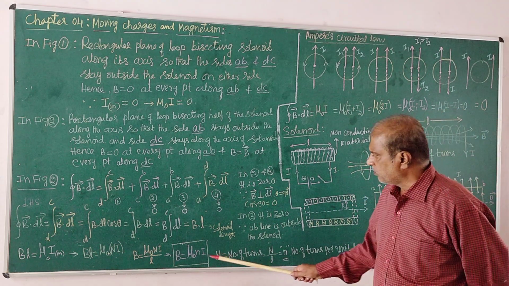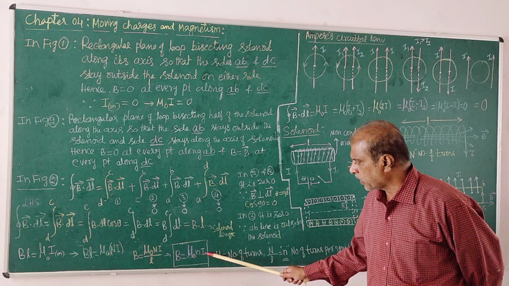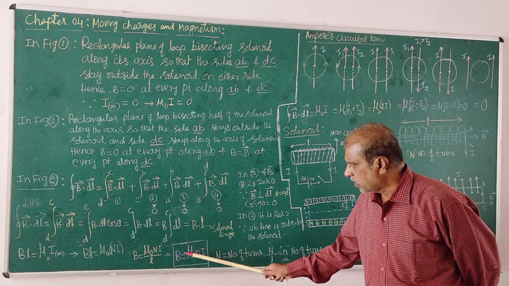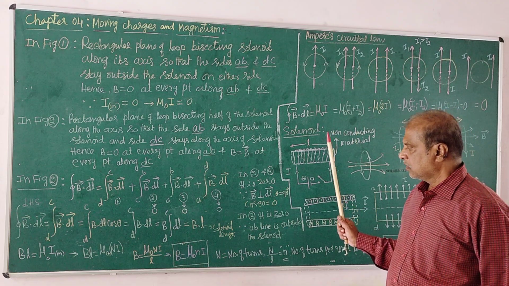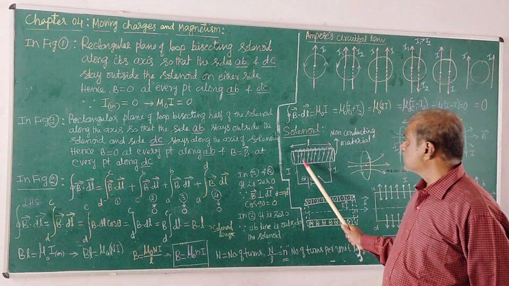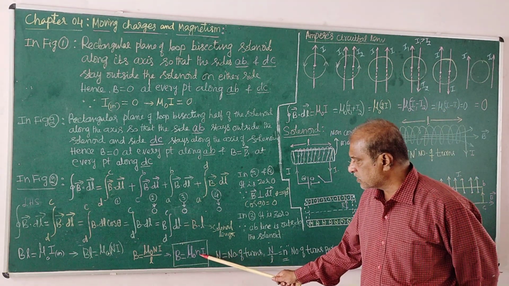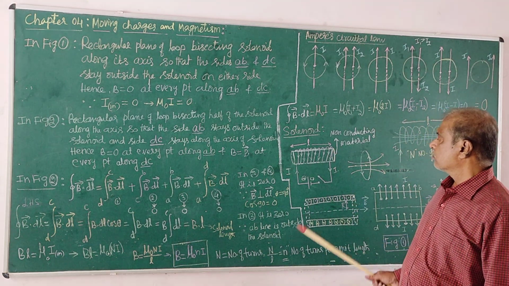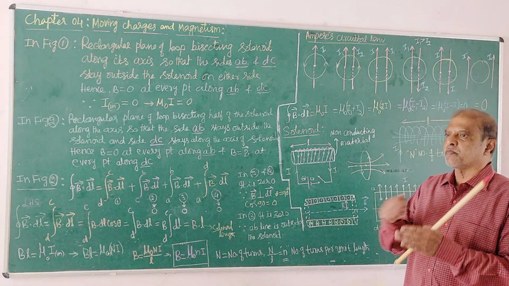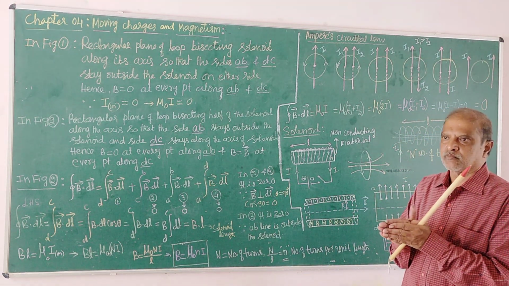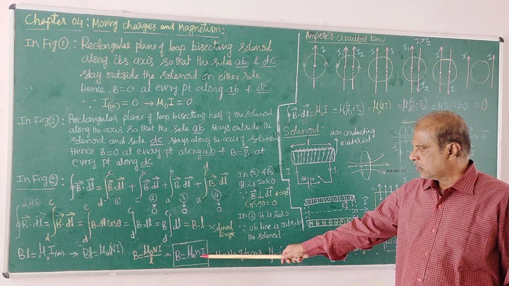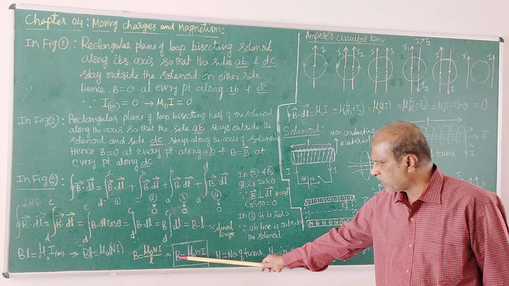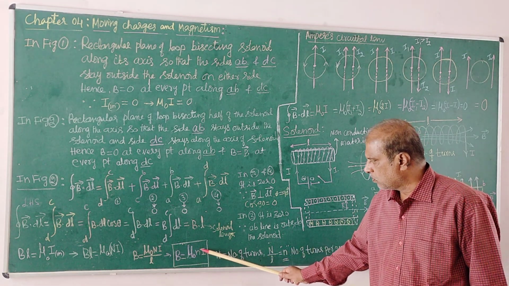It is always mu naught n I. It depends on the amount of current passing through the coil and the number of turns per unit length. If you wind it closely, you get more turns per unit length. If n is more, the magnetic field is more. If I is more, the magnetic field is more.